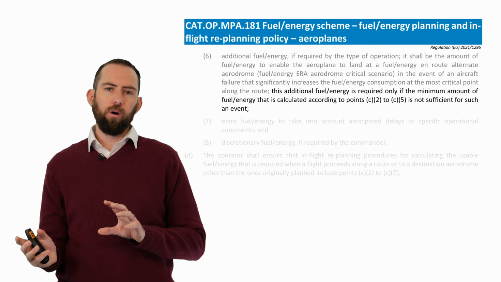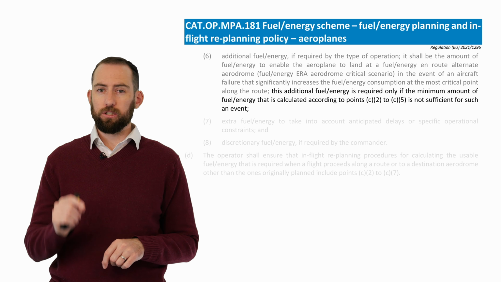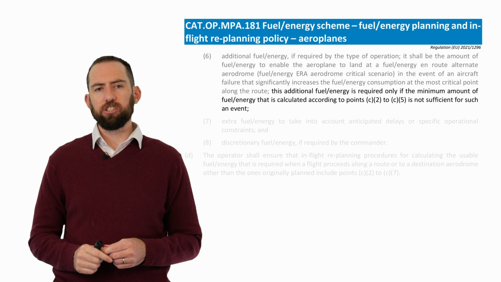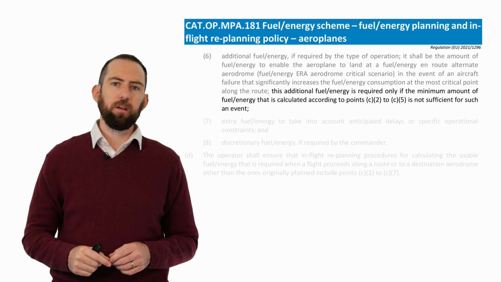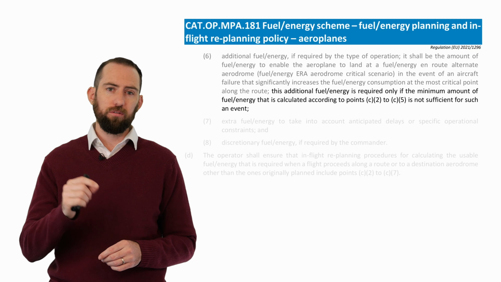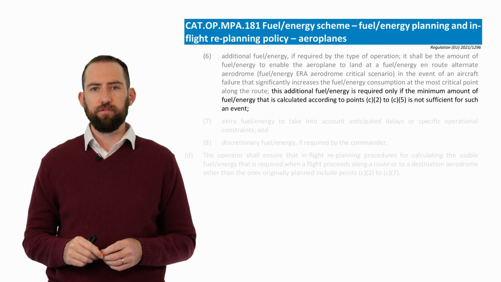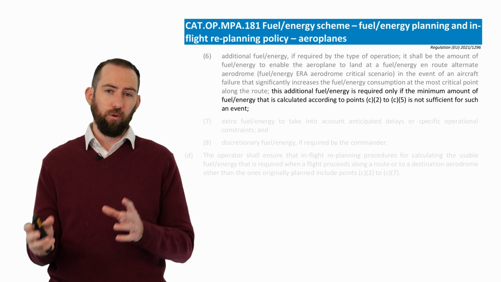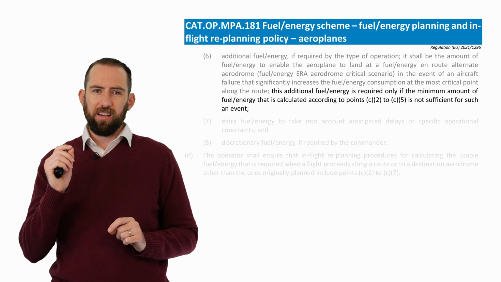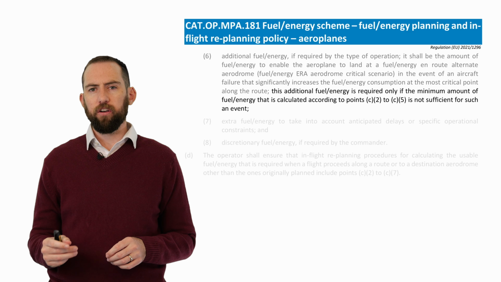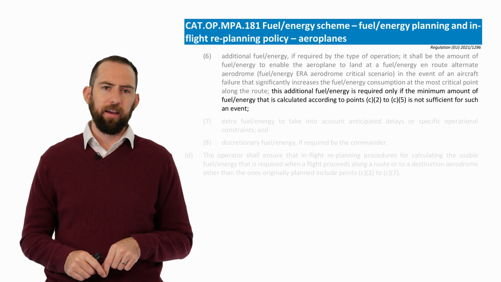Now I'm going to rewind to the implementing rule to address a critical sentence. This additional fuel or energy is required only if the minimum amount of fuel that is calculated according to points C2 to C5 is not sufficient for such an event. Now that's referring to the fuel categories that we've already covered. So what that's saying is, don't calculate the amount of fuel for this scenario and immediately add it into the fuel plan.